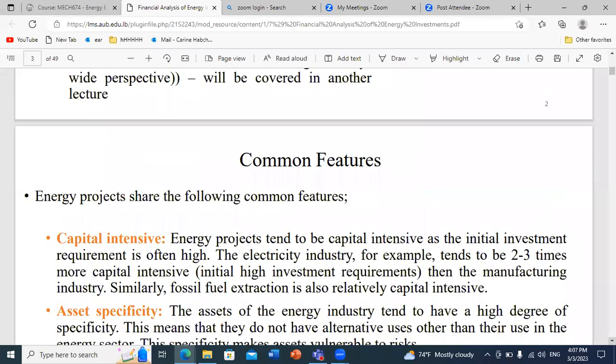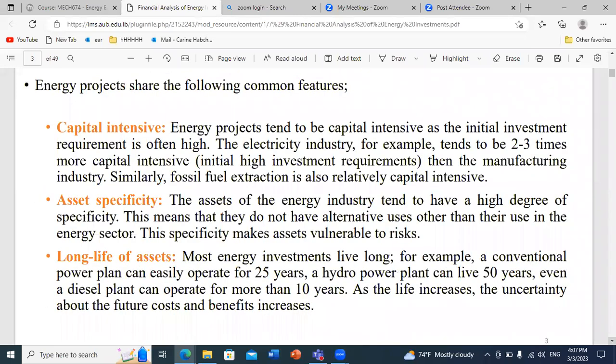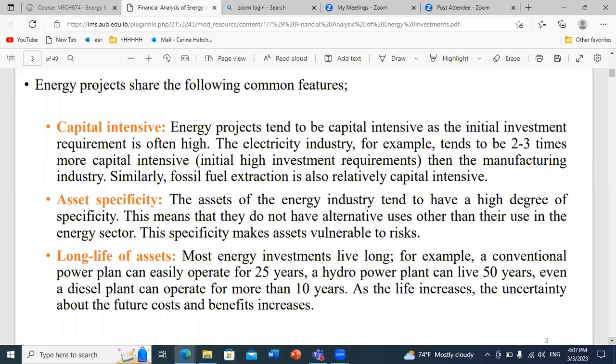Now, to start with, energy projects share a lot of common features that will affect the economical analysis or financial analysis. One of the disadvantages of energy projects is that these projects are capital intensive. What we mean by this is that the initial investment of such projects is really high.